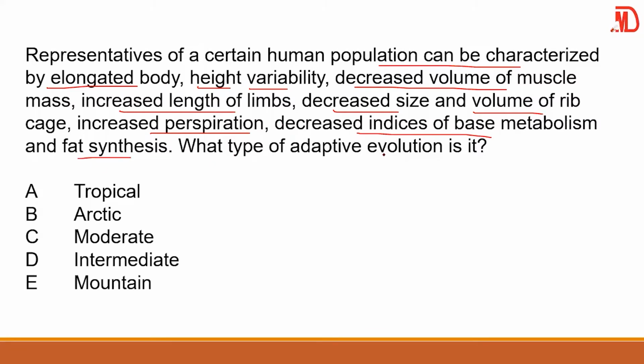What type of adaptive evolution is it? A lot of people have been calling me for this kind of question, but look at it. We are having a case of what? Elongated body.